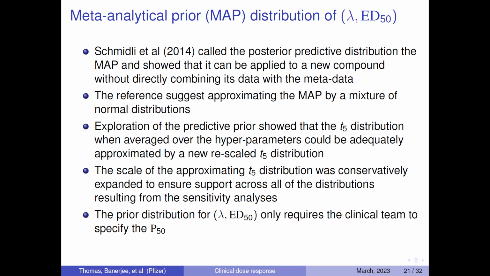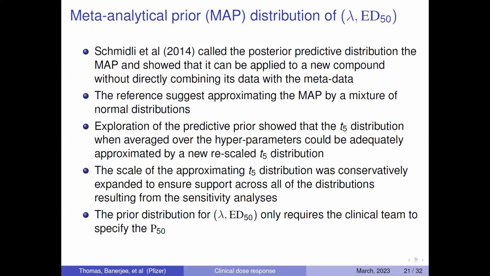What you really want to do is take all the metadata, combine it with the data from the new study, and get a posterior distribution for the new study once you've completed it, that takes account of all the historical data as well. Now that would be a bear if you had to go back and do that every time, because you'd have to pull out all the historical data.